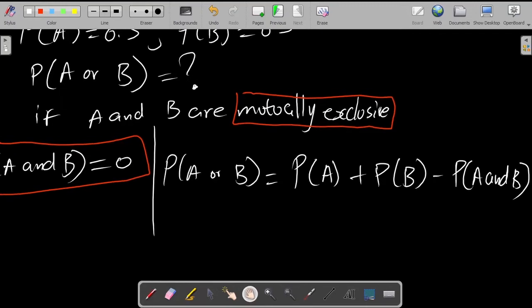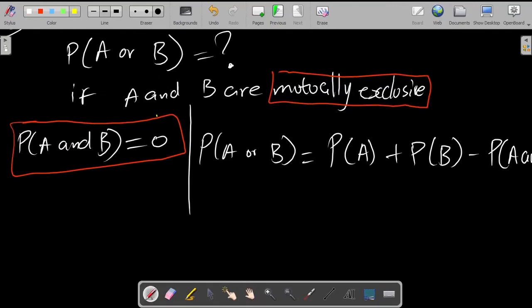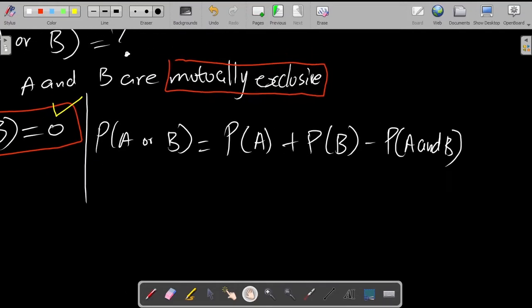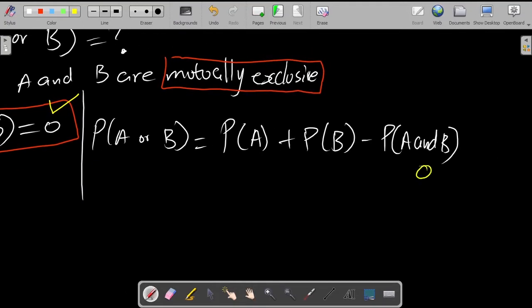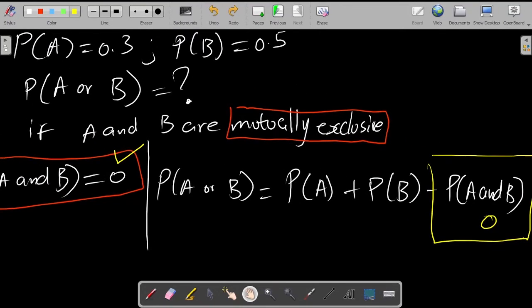But now, if these events are mutually exclusive, there is no intersection, which means the intersection is just 0. So we can discard this completely. It's helpful to us to know what this actually means. So we know that this is 0, so we only have to focus on this portion of the question, and we have these values we just have to add.